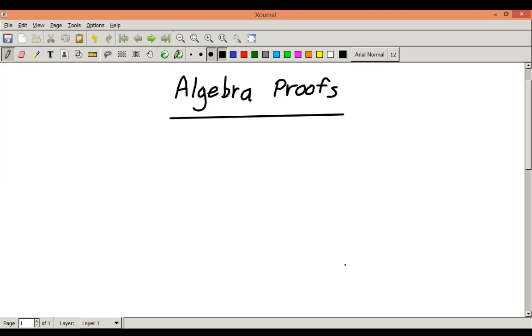And then you've got an assignment that's posted that you should be able to work out if you understand what we're doing today. First of all, what is a proof? So a proof is really an argument.